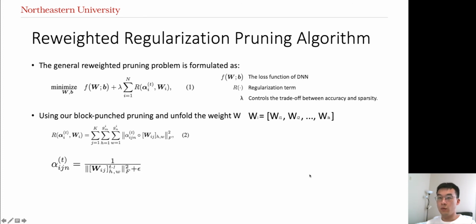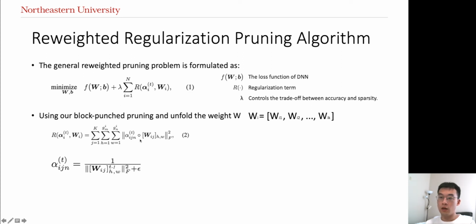We adopt reweighted regularization as the pruning algorithm. The general reweighted pruning problem is formulated as the DNN loss, which is a function of weight and bias, plus a regularization term. The only hyperparameter, lambda, controls the trade-off between accuracy and sparsity. Using our block-punched pruning, we unfold the weight W into small blocks and calculate the regularization term.